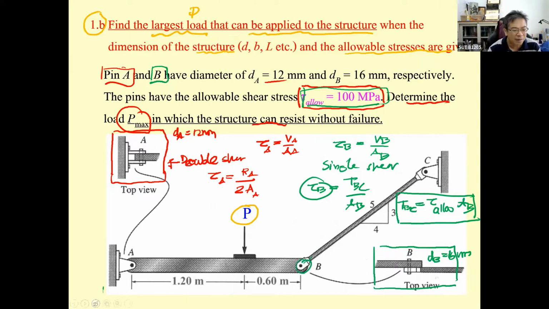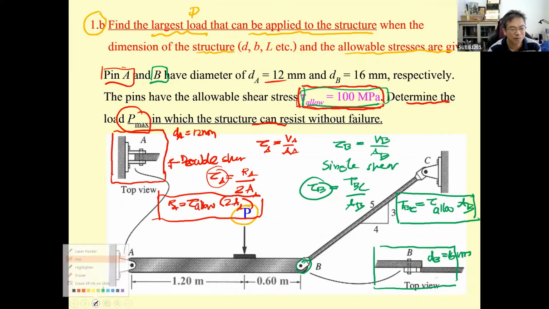And again, by the stress at pin A, you determine what? You determine the R sub A is going to be, change this one to be the tau allowable, that is going to be tau allowable times 2 of A sub A. And then you will get R sub A. The R sub A will be related to the force P by what?